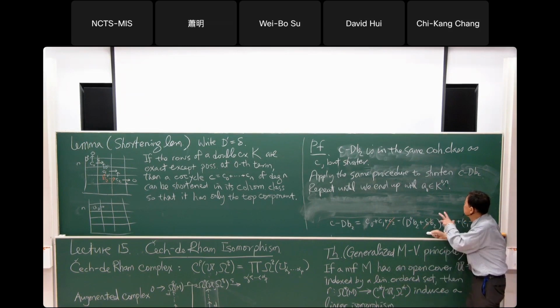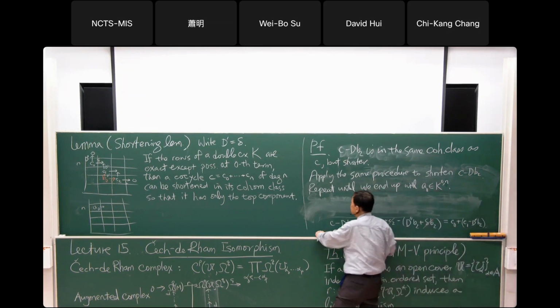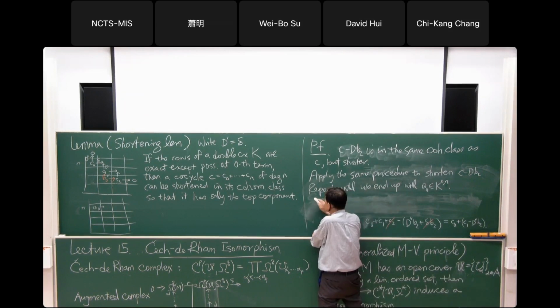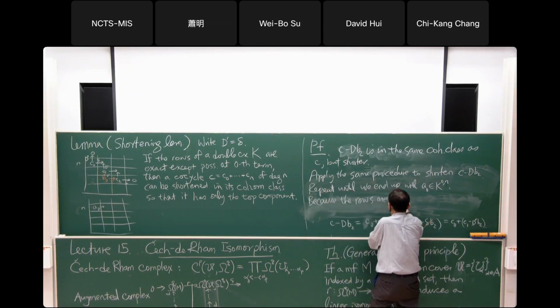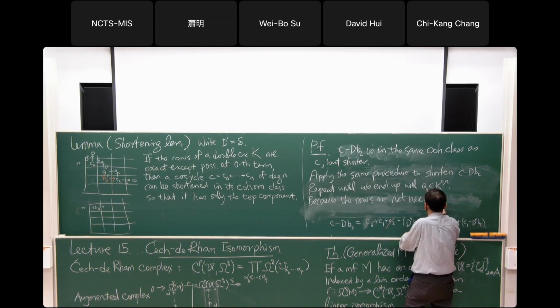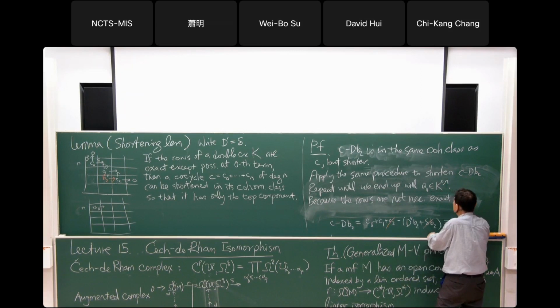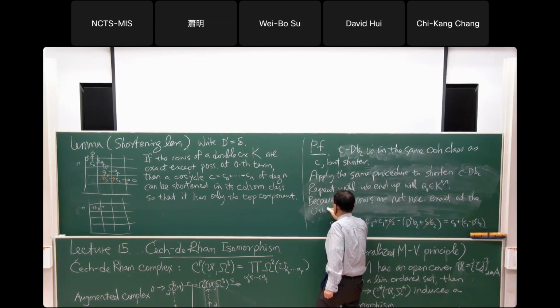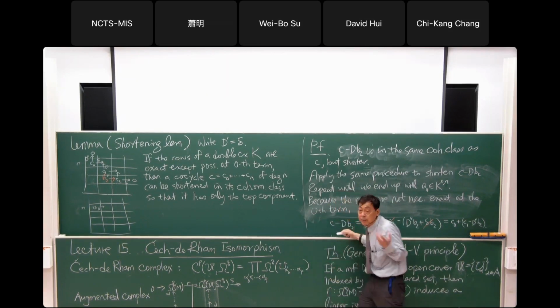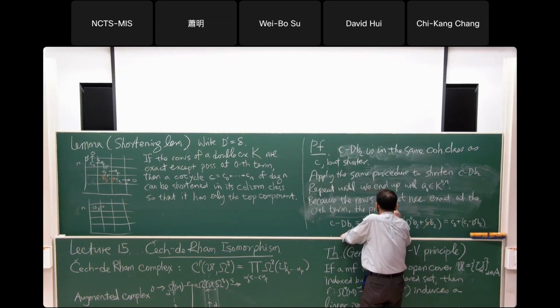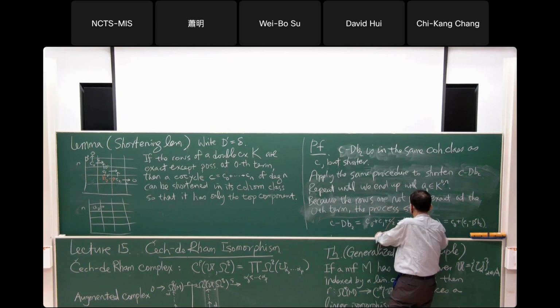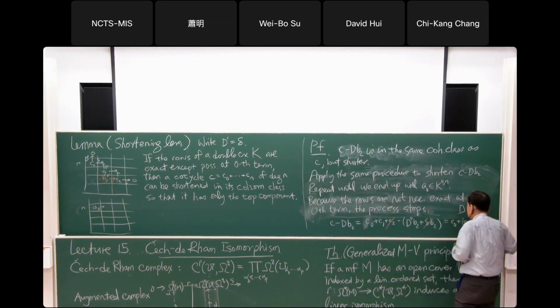And because the row is not necessarily exact at the 0th term, at this point you cannot continue. So the process stops here. Okay?